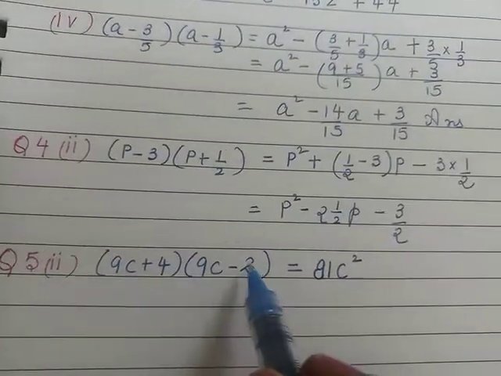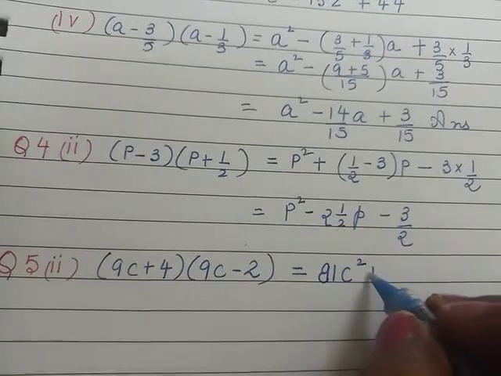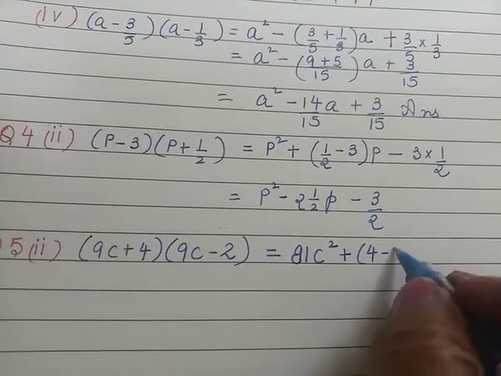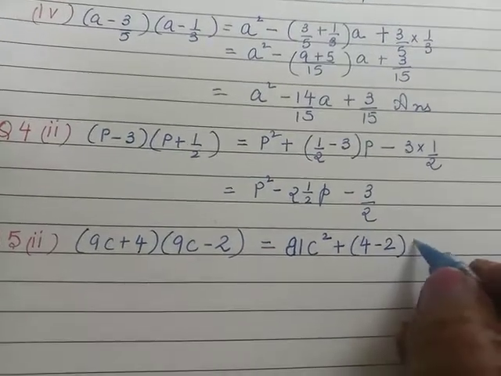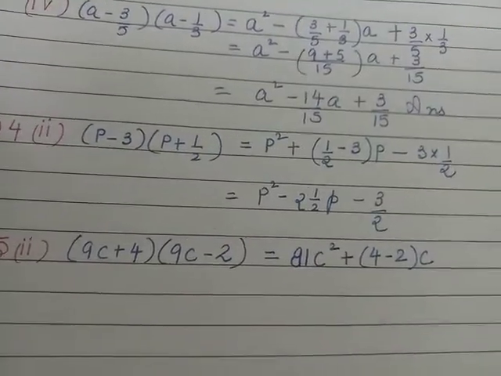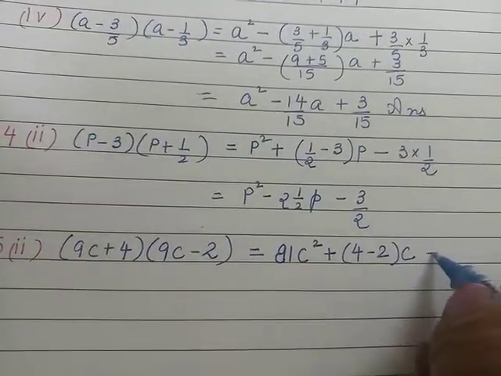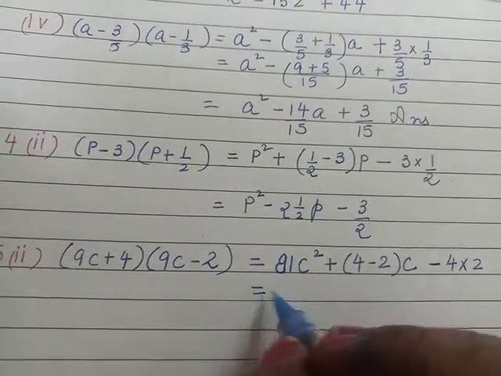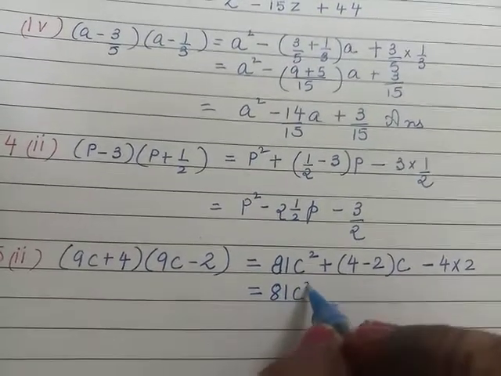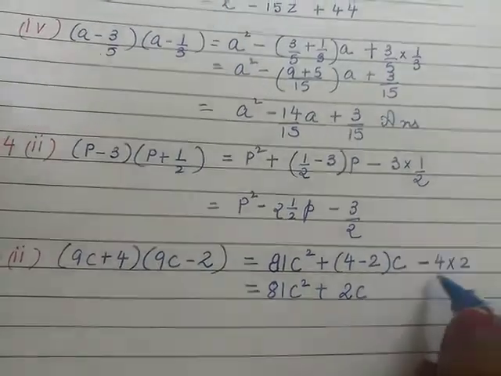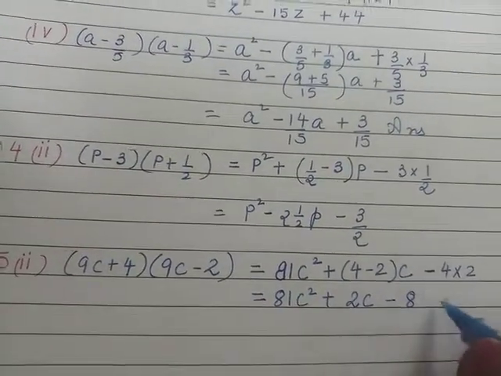One is positive, another is negative, so I write the plus sign outside, the positive term first and then the negative term. c is the variable. The last term is going to be negative 4 into 2. So that becomes 81c square, 4 minus 2 is 2c, minus 4 2s is 8.